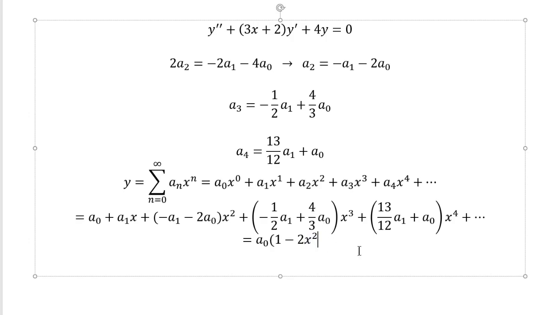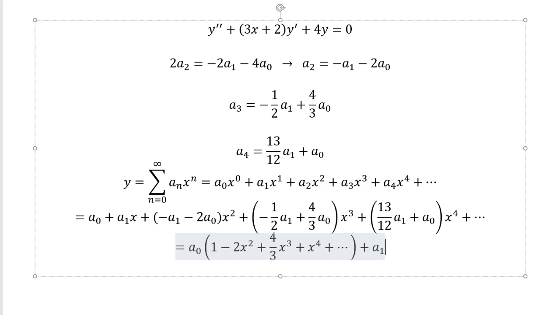And then the next one for x cubed, if you take the a0 out, you have 4/3 x cubed. And then this one is just a0 x to the 4th, so it's x to the 4th plus dot dot dot. So that's your first function. And sometimes you end up getting a pattern. I don't see any pattern here, but sometimes you do get a pattern easily this way.